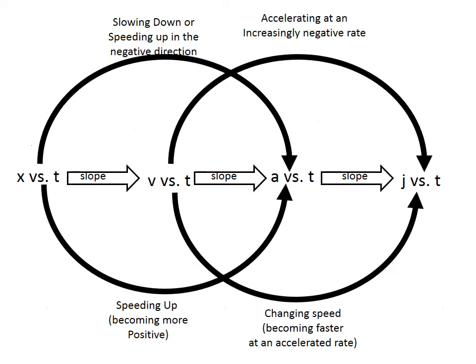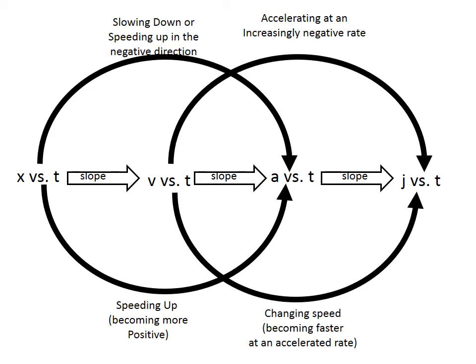So reviewing, to find velocity on a position time graph, you take slope, and that's also true for acceleration on a velocity time graph, and jerk on an acceleration time graph. And if you want to figure out what's happening as far as acceleration goes on a position time graph, an upward shaped curve shows speeding up, and a downward shaped curve shows slowing down. That's also true going from velocity to jerk.